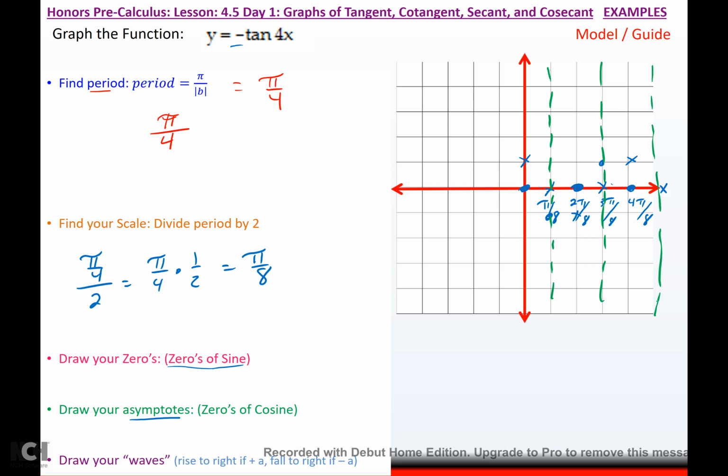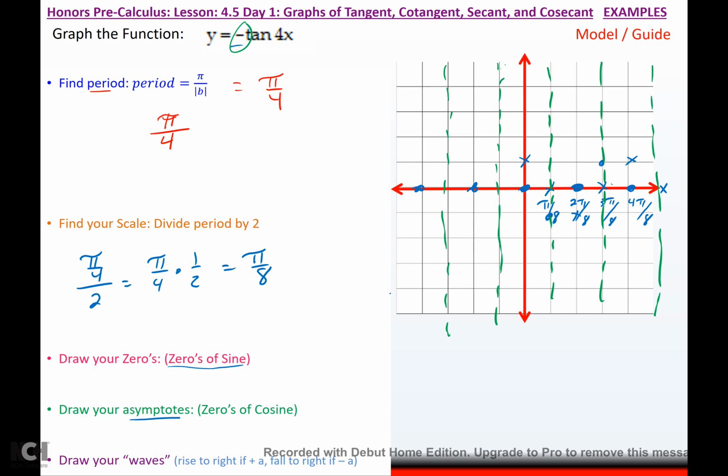Okay, and then draw your waves. Since this is negative, normally tangent rises to the right, but we're going to fall to the right. If you continue the pattern, every other mark is going to be an asymptote, and every mark in between there is going to be a 0. Now your waves are going to have to pass through those zeros.